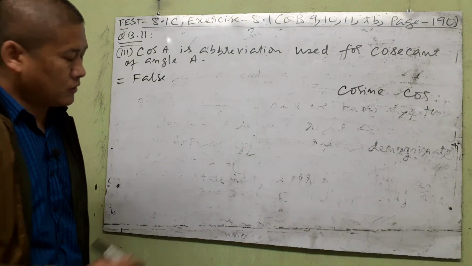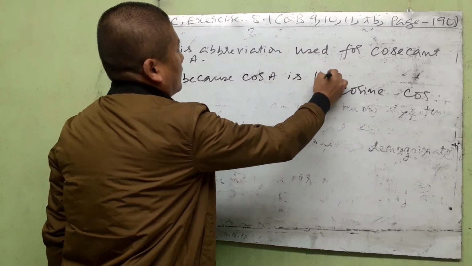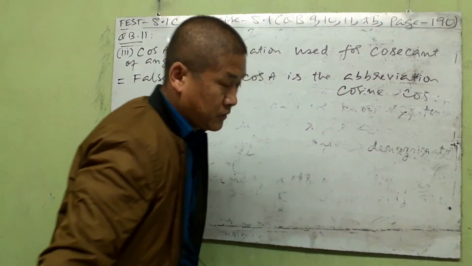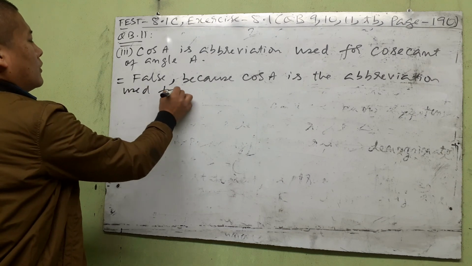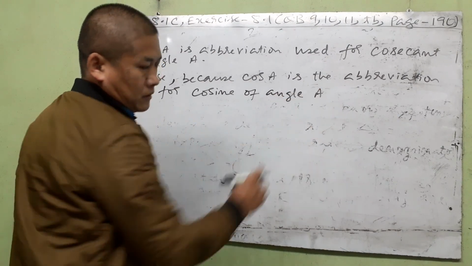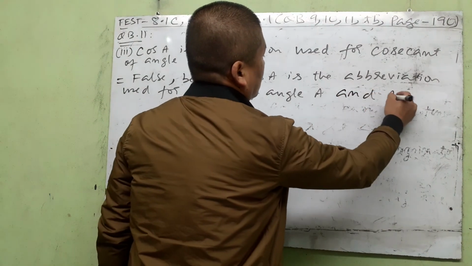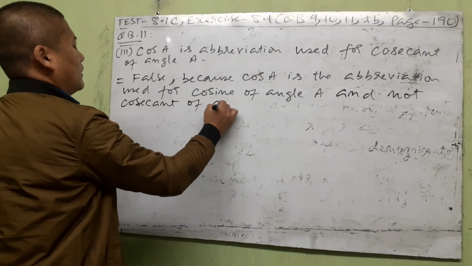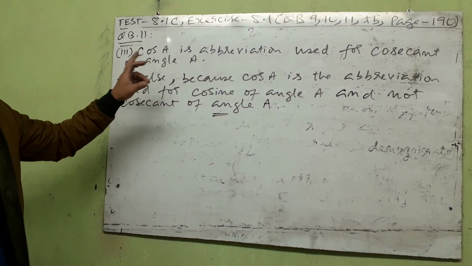Okay, and you can give justification because cos A is the abbreviation used for cosine of angle A, and not cosecant of angle A, as the question is putting it.